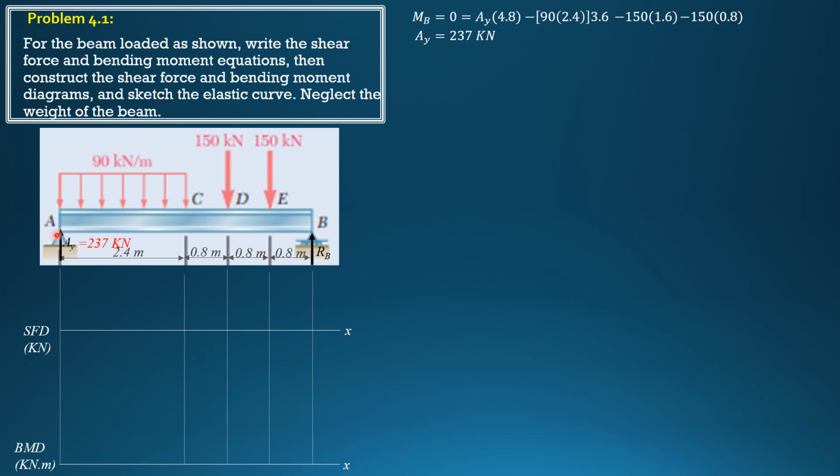So we have 237. Likewise, we sum up moment about A. Do not use summation forces Y equals 0. Use that mentally, using your calculator, for checking these reactions to make sure that the reactions are correct.